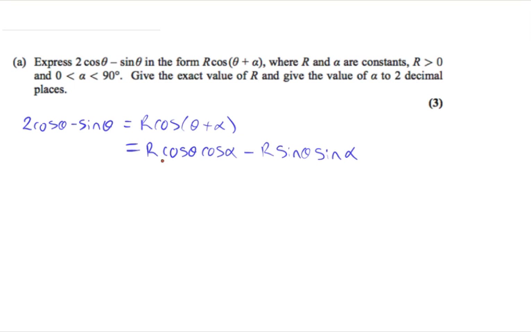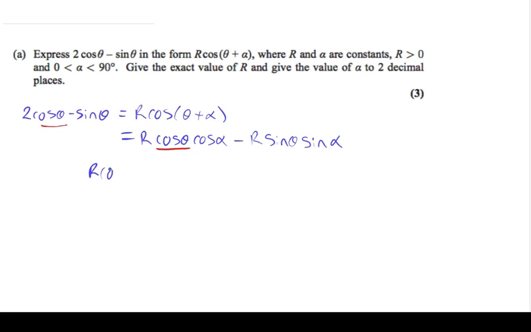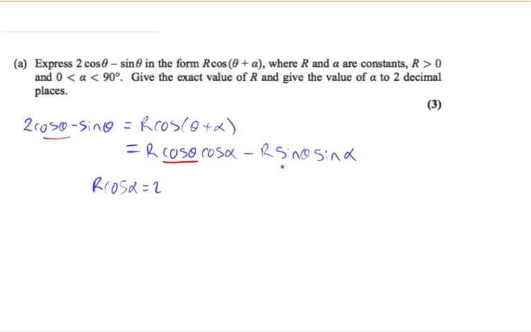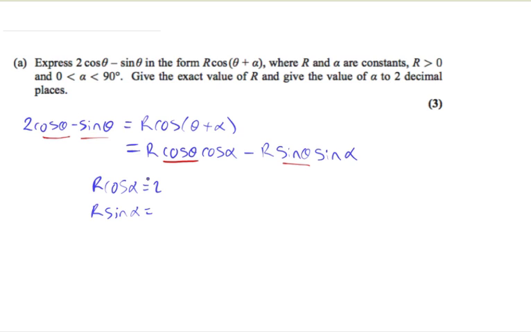Looking at the first terms on both sides, there is a cos theta in both, which means r cos alpha must equal 2. Looking at the second terms, there is a sine theta in both. Therefore, r sine alpha must equal 1.